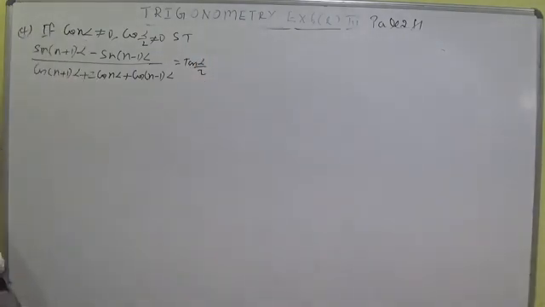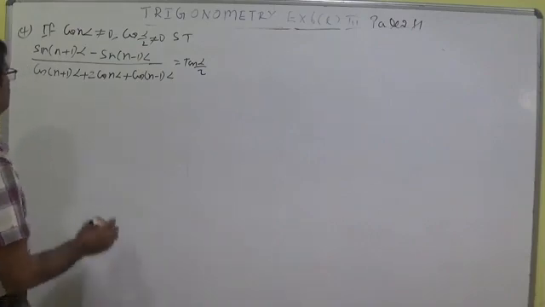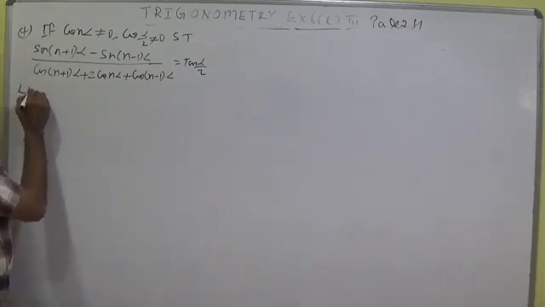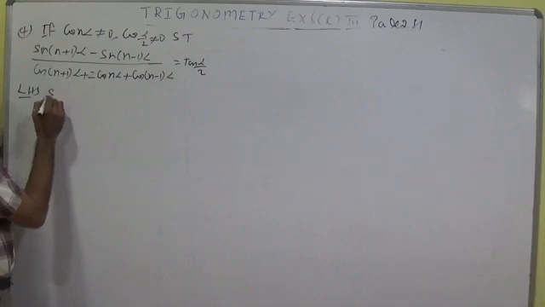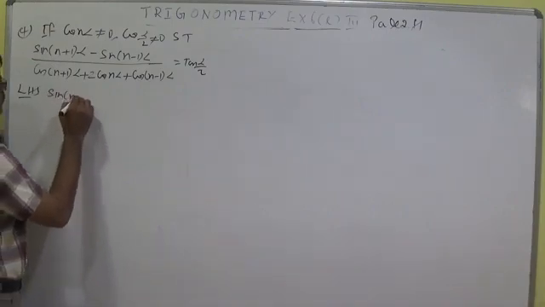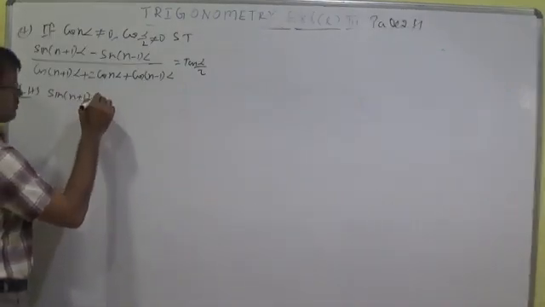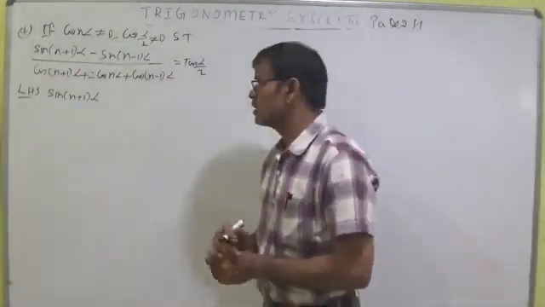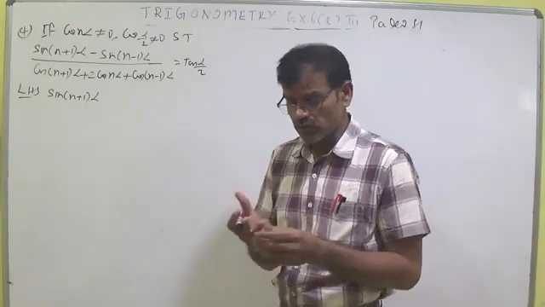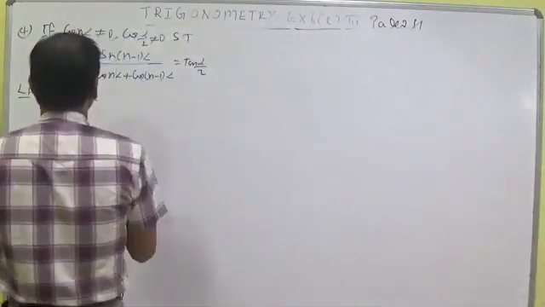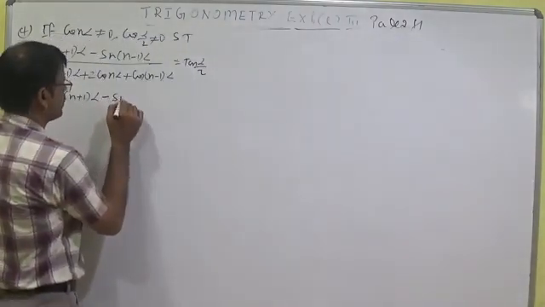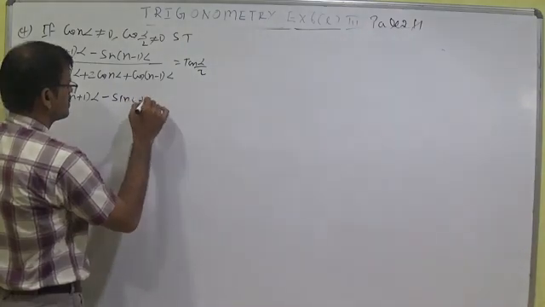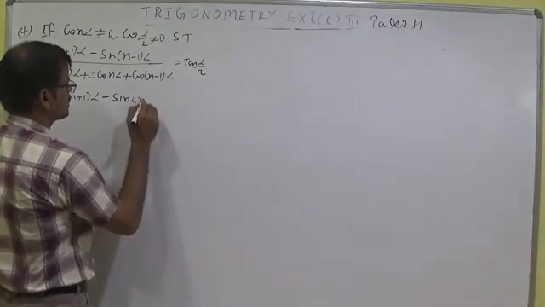Tan alpha by 2. Now take LHS: sin of (n plus 1) alpha. This is in the topic of transformations in objective material, in level 1, second question. Whatever the important sum is, such a question is given in objective material.